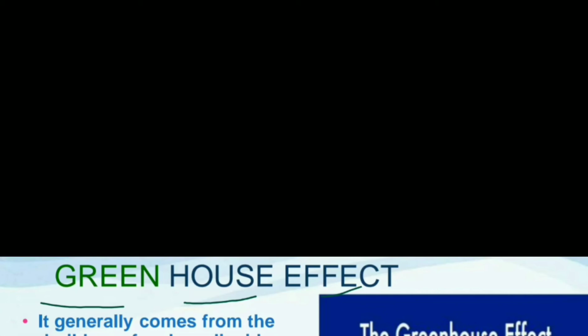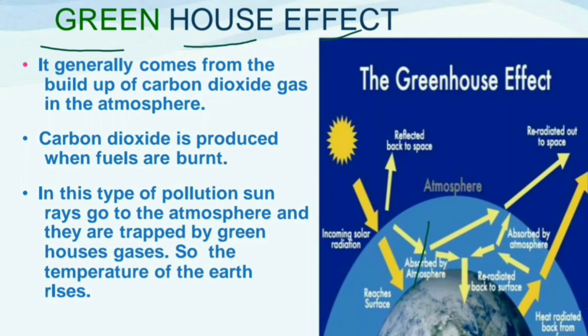By trapping these heat rays, they cause a warming effect in the atmosphere, which is known as the greenhouse effect. The main gas responsible for the greenhouse effect is carbon dioxide, which is produced by burning of fossil fuels. This carbon dioxide has the capacity to trap the reflected heat rays.